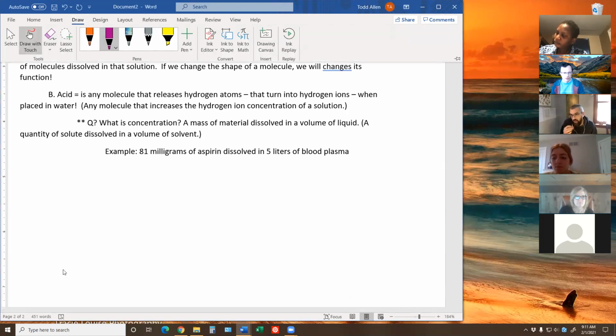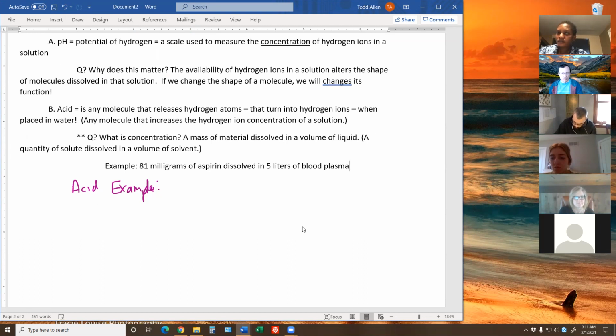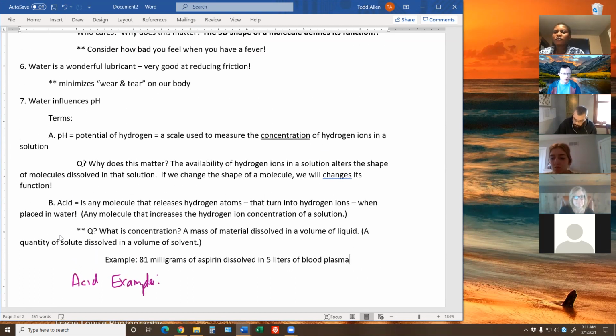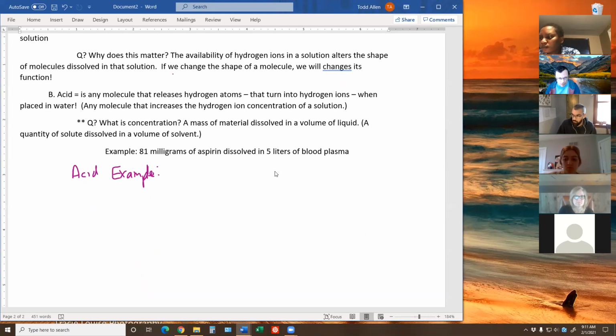So as an example, I think I'm going to combine some ideas right now. Remember, we said that pH is important because if we change the pH of the environment, we will change the shape of the molecules in it. Remember that.